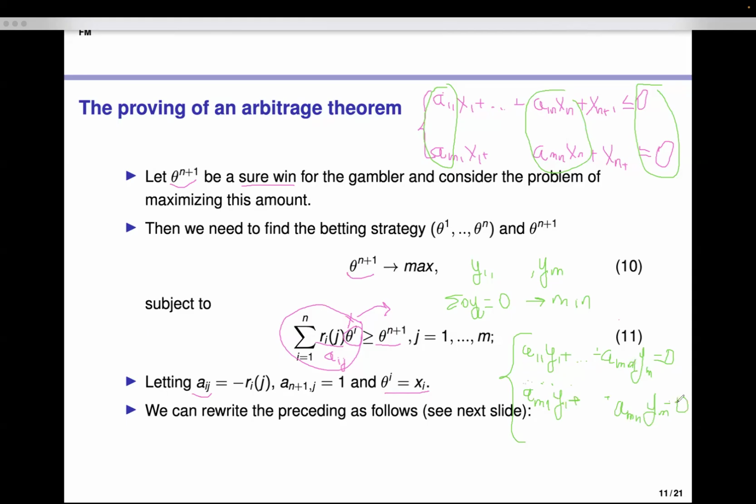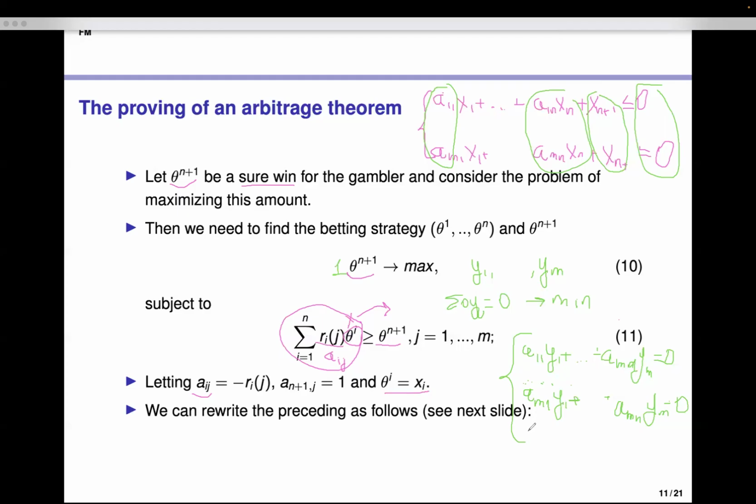Yes, it's 0, because in this linear function all coefficients of theta are 0. So we don't have theta 1, it means that it is 0 multiplied by theta 1 plus 0 multiplied by theta 2 plus 0 multiplied by theta n, and just theta n plus 1 has the coefficient 1. And for the last column, what do we have?